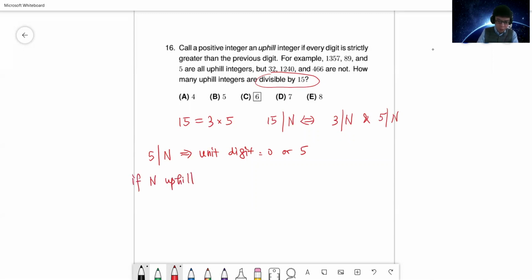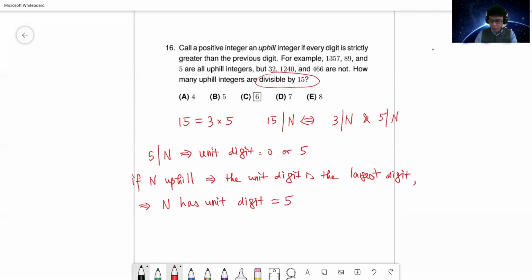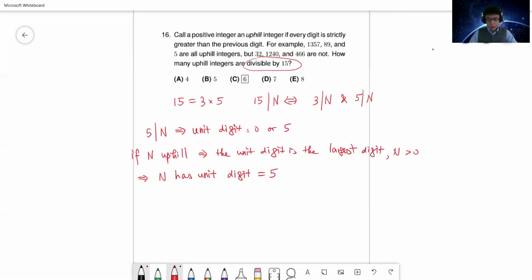So if N is uphill, the unit digit is the last digit, and it cannot be 0. So we must have the unit digit be 5. And that's sufficient to guarantee the number is divisible by 5.